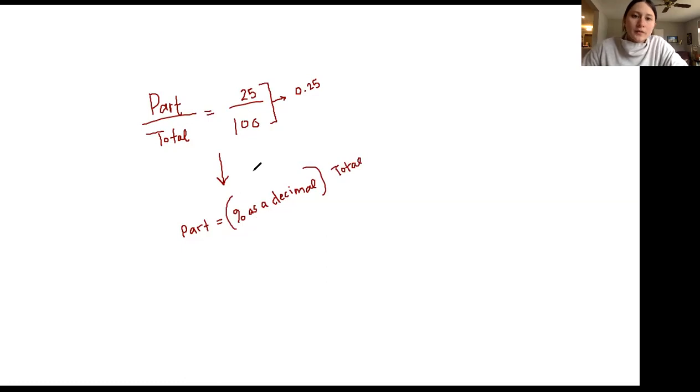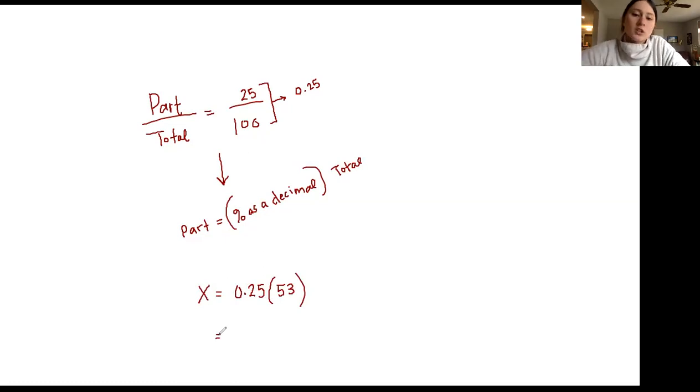So for example, if I wanted to find out what was 25% of 53, then I could say, what is the part? It's 25%, so I'm going to write the percent as a decimal, times the total. I'm looking at out of 53, okay?